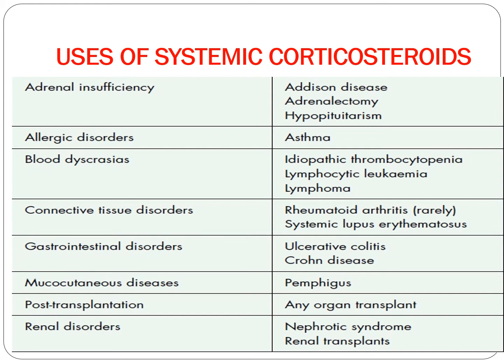Allergic disorder like asthma, blood disorders like idiopathic thrombocytopenia, lymphocytic leukemia, lymphoma, connective tissue disorder like rheumatoid arthritis and systemic lupus erythematosus, gastrointestinal disorder like ulcerative colitis and Crohn's disease, mucocutaneous disease like pemphigus, post-transplantation like any organ transplant like kidney, renal disorder like nephrotic syndrome and renal transplants. These are the main things we can see.